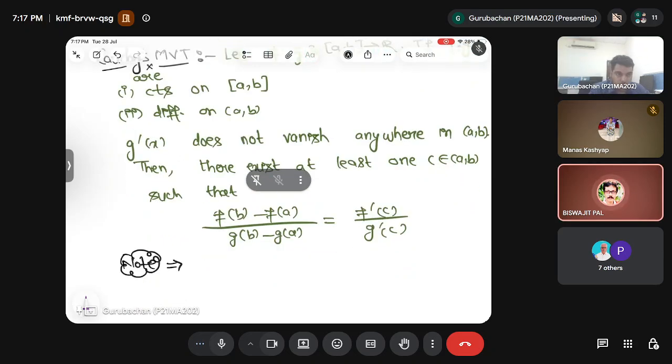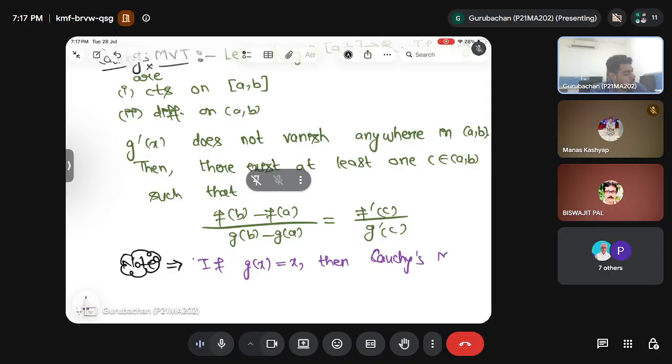If we consider g of x is equal to x, then this Cauchy mean value theorem is converted, or you can say reduced, to Lagrange mean value theorem.